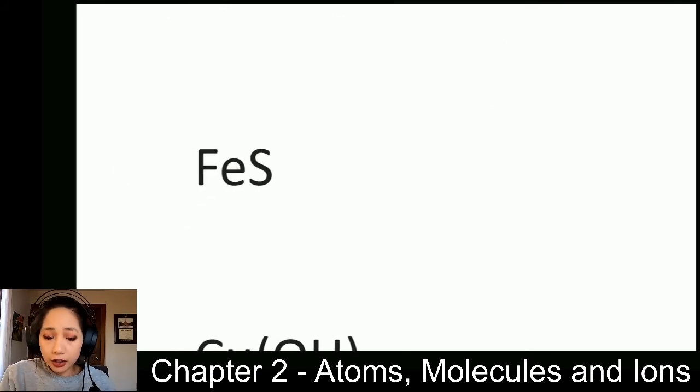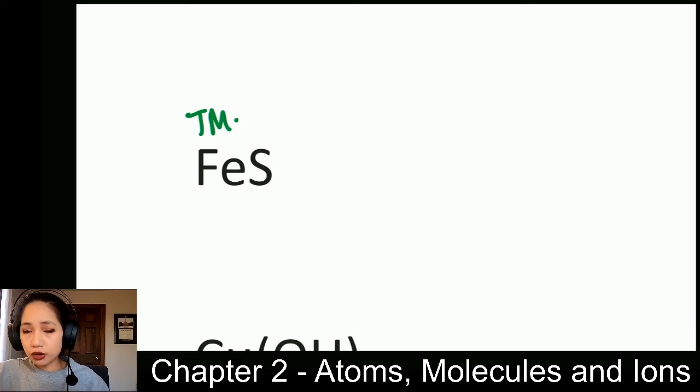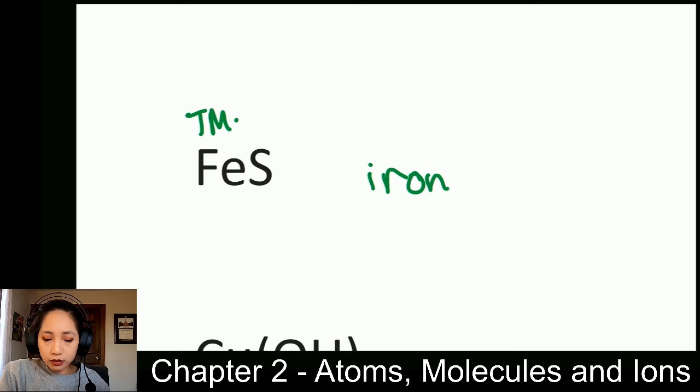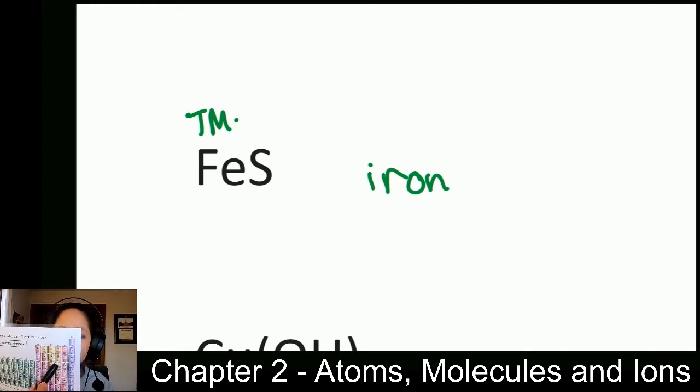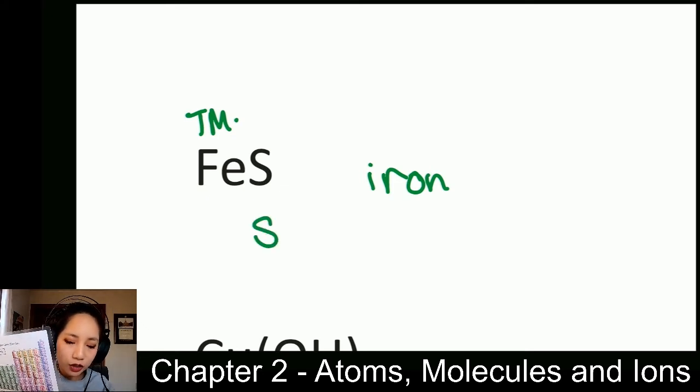All right. Ooh, iron and a sulfur. I know that iron is a transition metal, so we will have to use the stock system here. Because we do have a transition metal, I know the cation will be iron, but I need to know the charge so I can do the stock system. Sulfur is here on the periodic table. It's 2 spaces away from argon, so sulfur will gain 2 electrons.